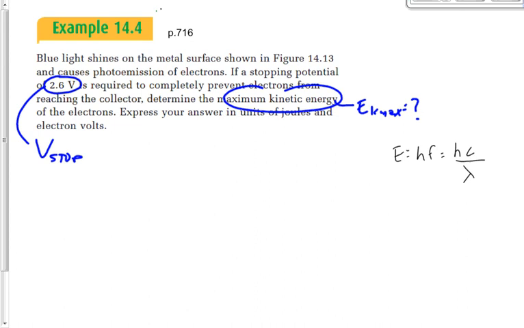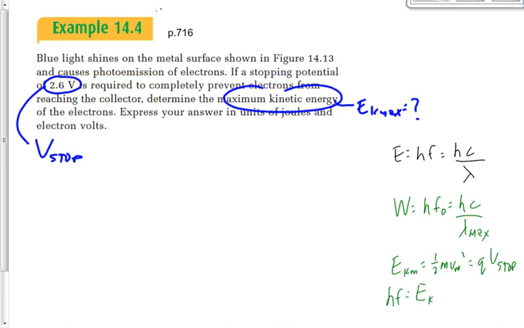We also have the work function is equal to H times F0, HC over lambda max. That is specific to the photoelectric effect. We also have EK max is equal to 1/2 mv max squared, and it's equal to QV stop. That's specific to the photoelectric effect. And then we've got our conservation of energy equation. HF is equal to EK max plus the work function. That is specific to the photoelectric effect.